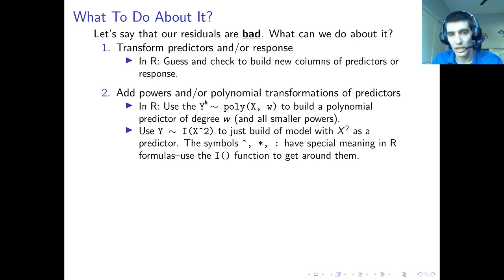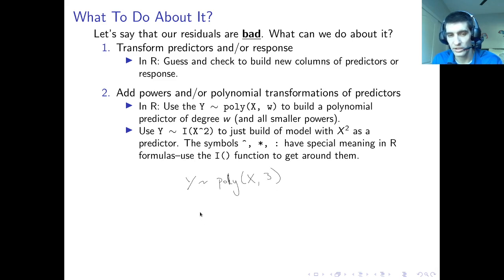If you use this command, like lm y tilde poly x w, where w is some integer, you would build a polynomial predictor of degree w and all smaller powers. I'll illustrate this with an example in R later, but let's say you write y tilde poly x 3.